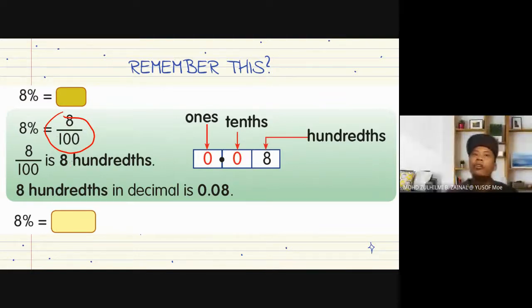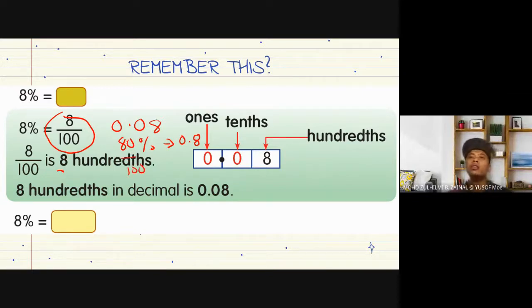If we write it as 8 hundredths, when changing into decimals, remember a single number has to be 0.08. For 100s, 200s until 900s, it is 0.01, 0.02 and so on. For 80%, it is 0.8, because 80% means 80 over 100.